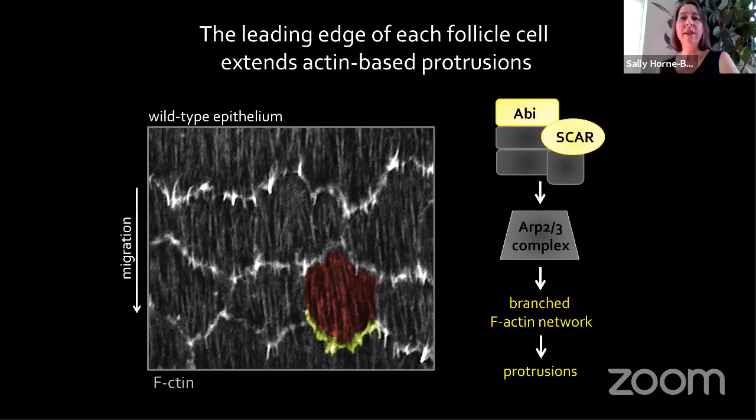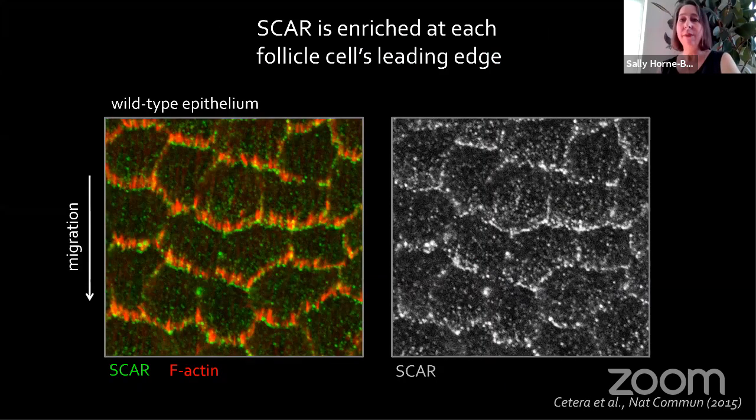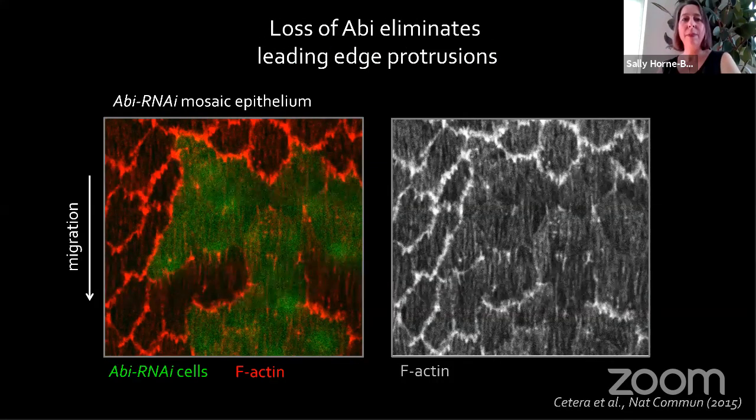And we know that the follicle cells use this machinery because if we look at the basal surface of the tissue, we can see SCAR very nicely localized to the leading edge of each cell. And even more, if we get rid of the function of the SCAR/WAVE complex, in this case, expressing an ABI RNAi transgene in a clone of cells shown in green, we can very nicely eliminate these protrusive structures.